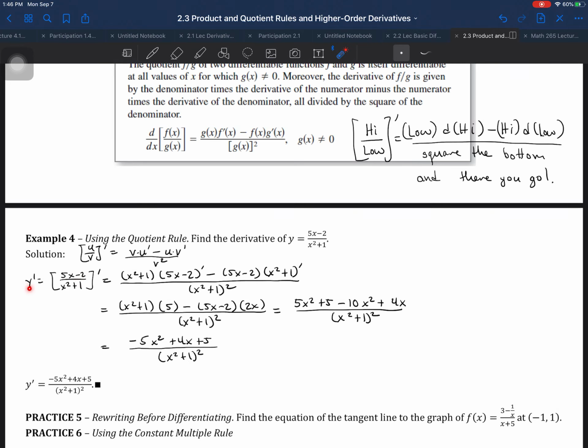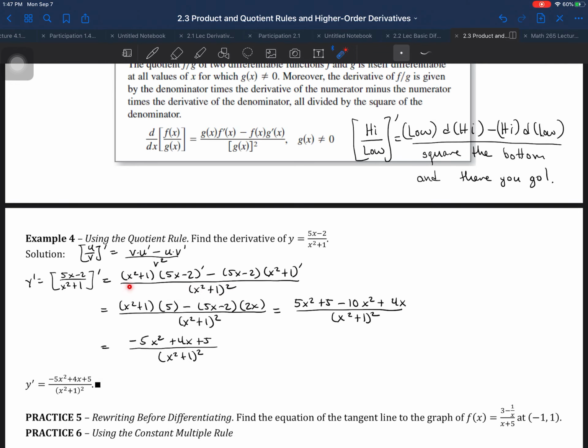The derivative of y is y prime equals the derivative of this. I put some brackets here and a prime to tell the reader that this is the derivative. Now I'm going to execute it: low d high minus high d low, square the entire bottom, and there you go.